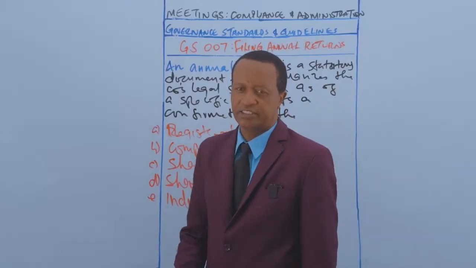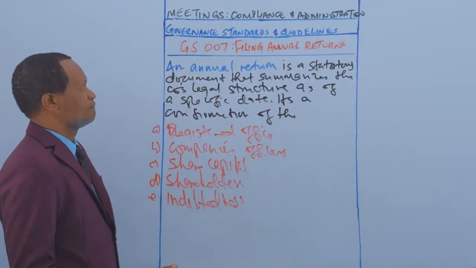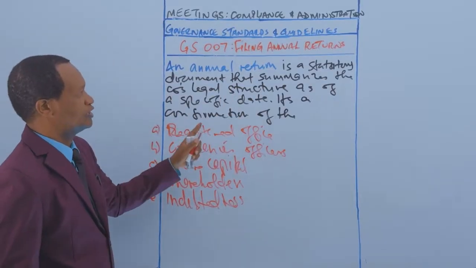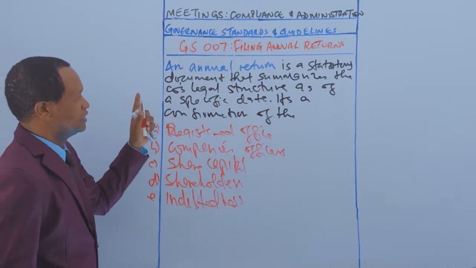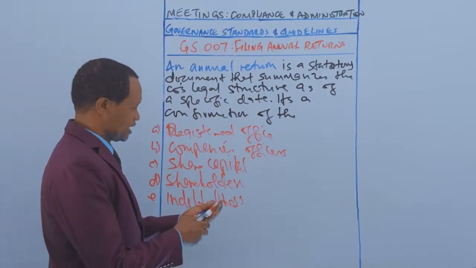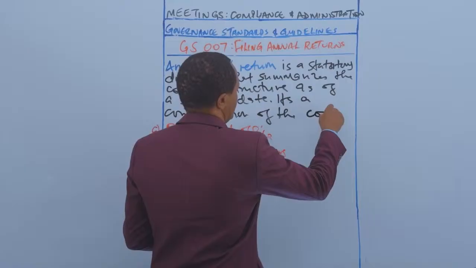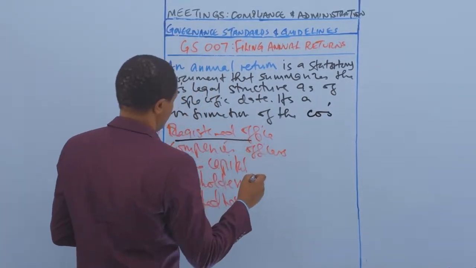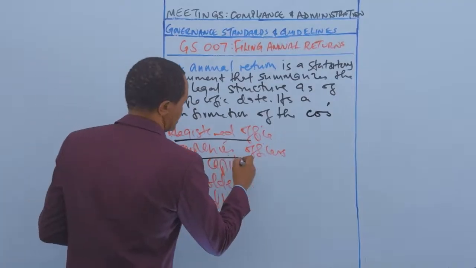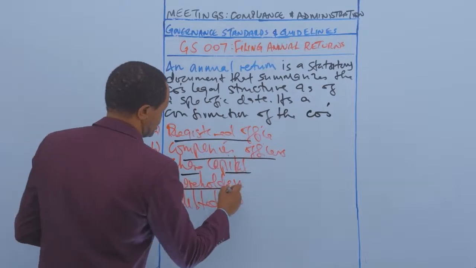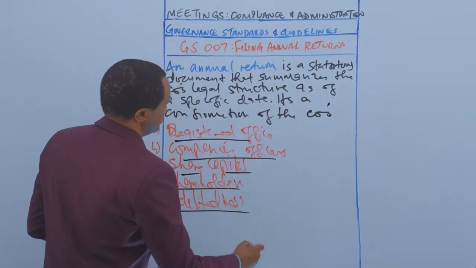Neither is it a tax return, but it is a statutory document that confirms or summarizes the legal structure of a company as at a specific date. It confirms the company's registered office, the company's officers, the company's share capital, the shareholders, and indebtedness.